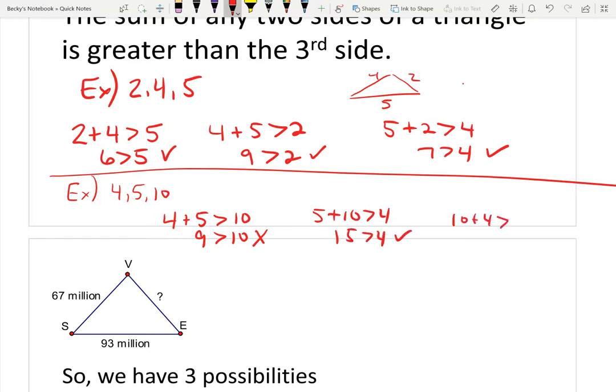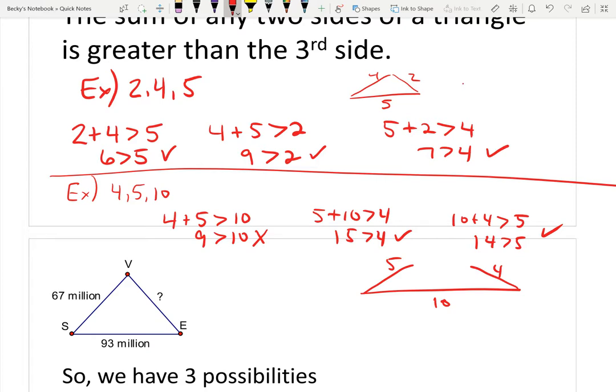And then is 14 greater than 5? Of course. Now, it doesn't matter. As soon as you get to one where it doesn't work, you're going to say it doesn't work. So what this would look like is you have the long side here of like 10 units, and then you have two little short sides, like 5 and 4, and they don't meet. So it doesn't form a triangle.